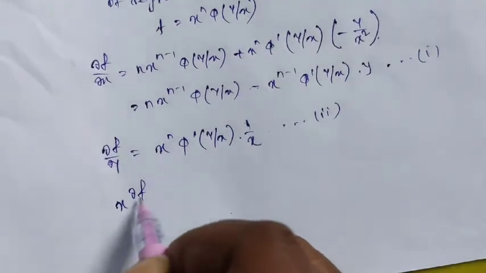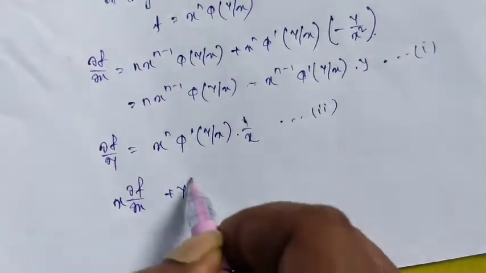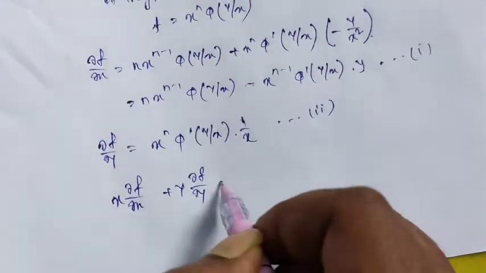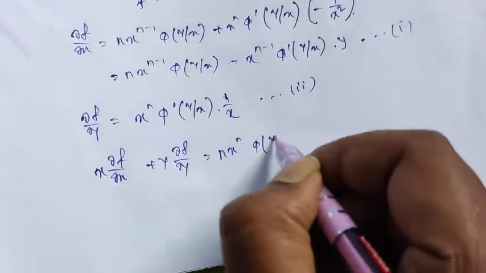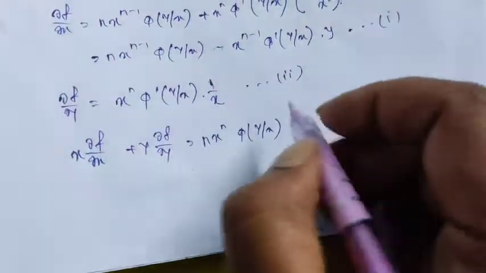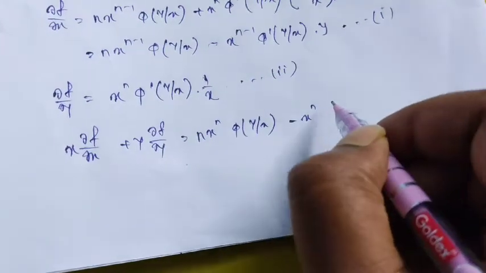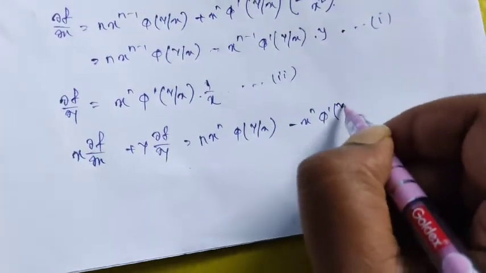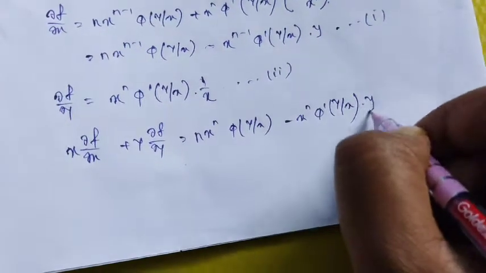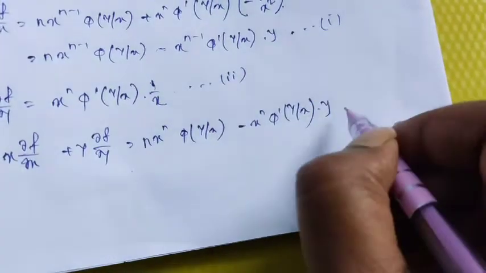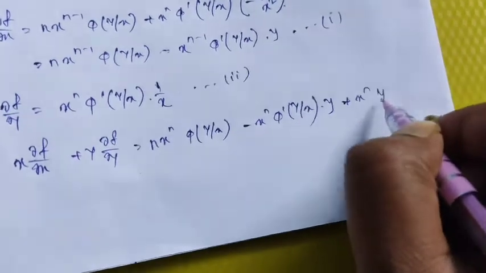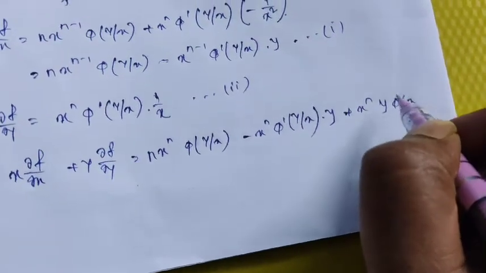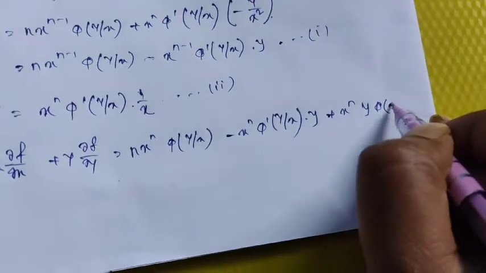That is x del f del x plus y del f del y is equal to n x to the power n phi of y by x minus x to the power n phi dash y by x into y plus x to the power n y into phi of y by x.